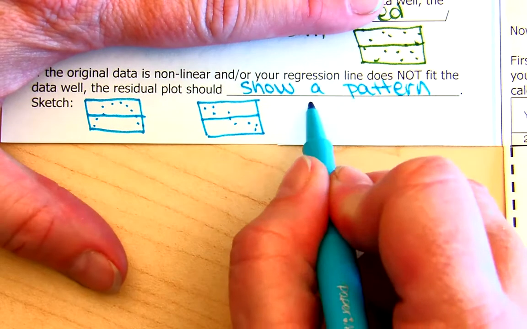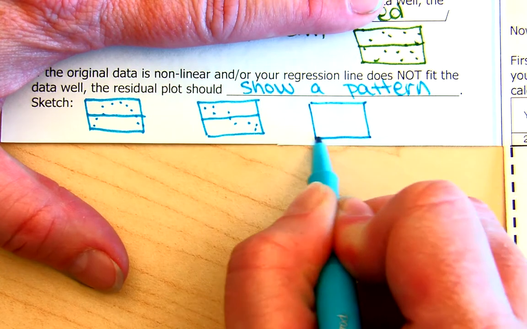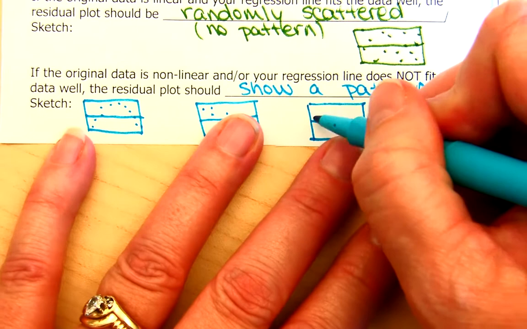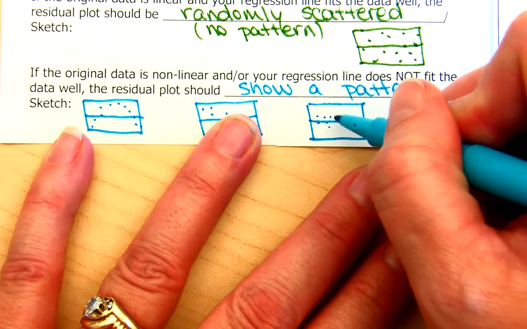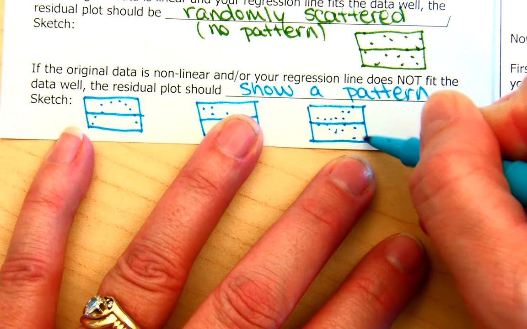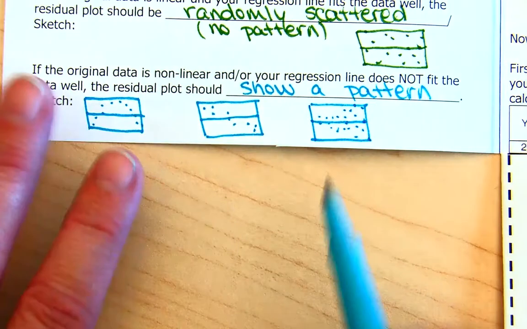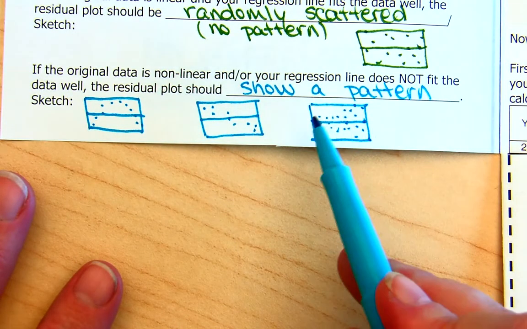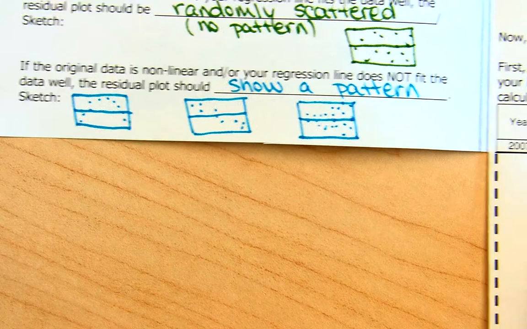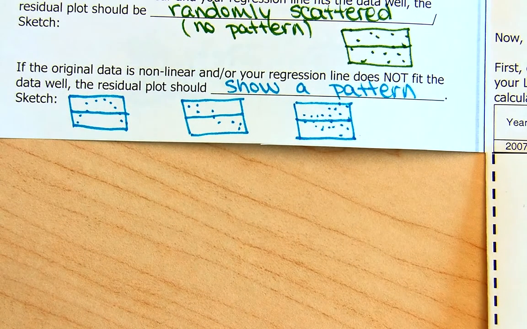This last pattern is where it starts off and it looks like we're not missing by much. We have small residuals, but the further out you go, the more spread out it is. So it kind of has a fanned out pattern. It starts really close and then fans out to positive and negative on one side.